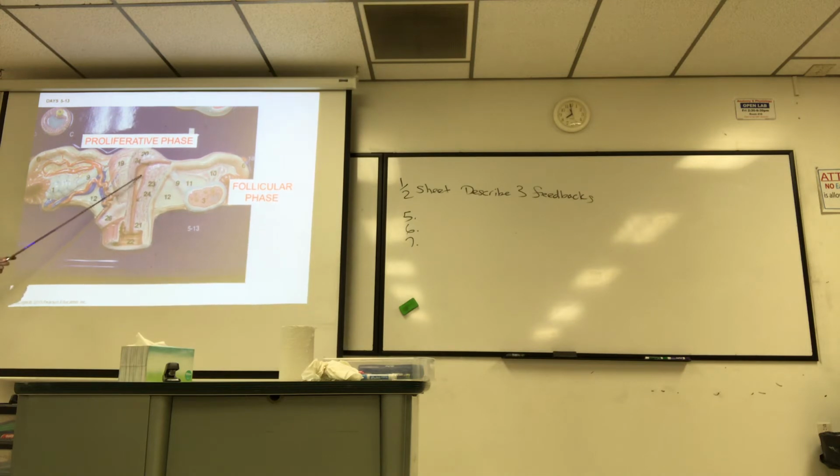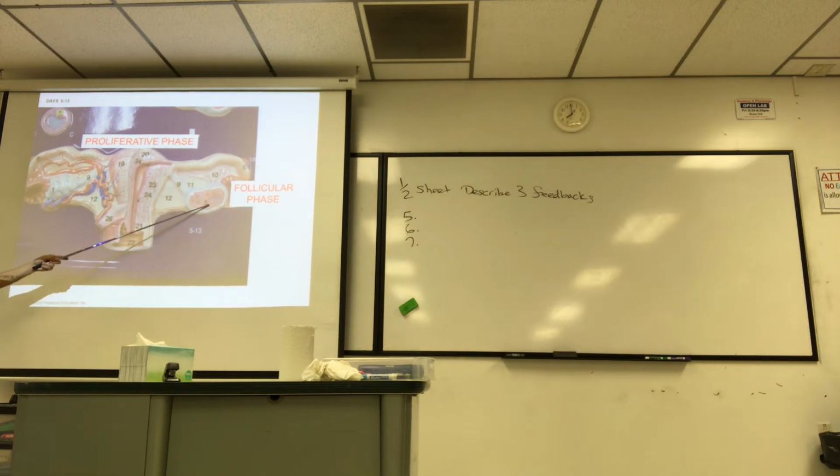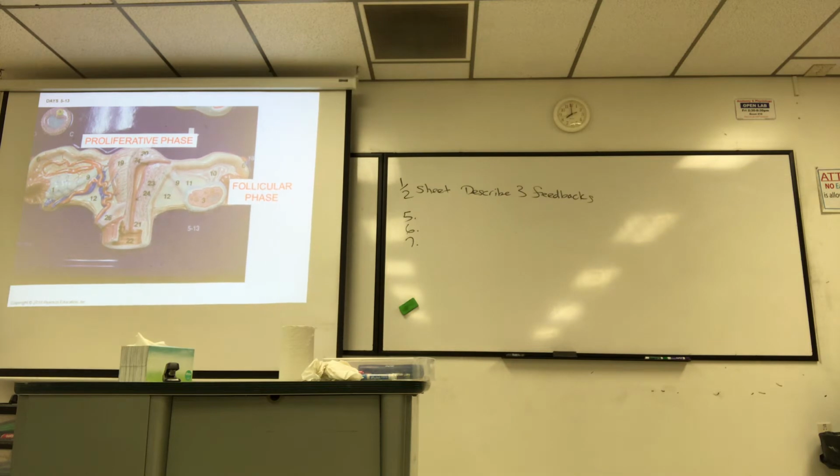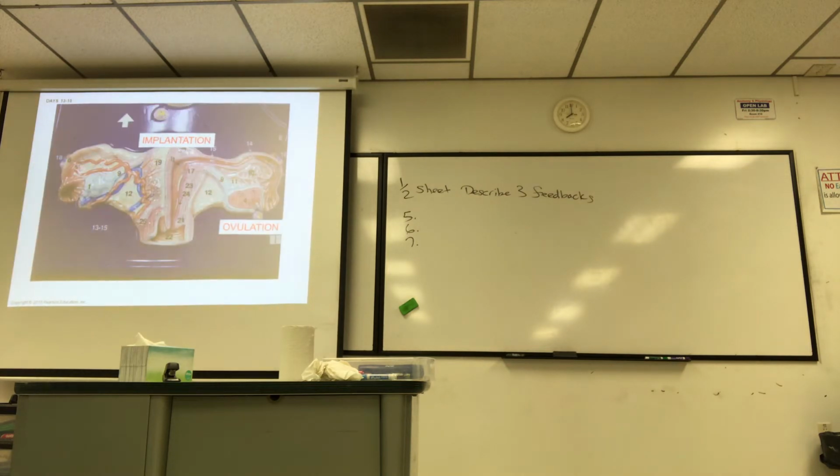But it's the proliferative phase, and you can also tell it's a proliferative phase, not so much by looking at their illustration of the endometrium, but what's going on here. You see larger, more mature follicles. And that's usually what happens just before ovulation. And then they give 13 to 15.